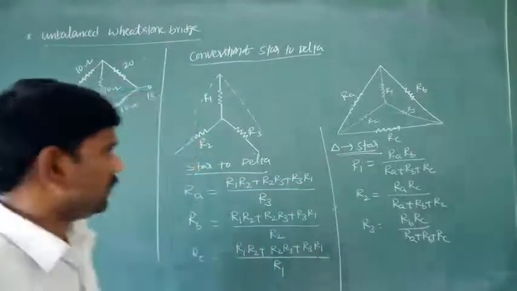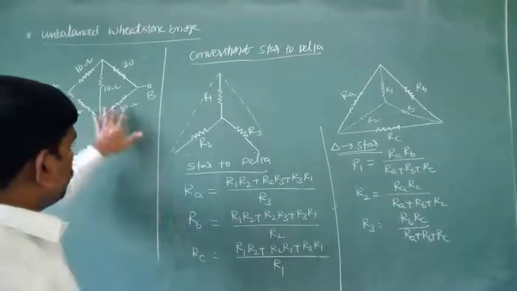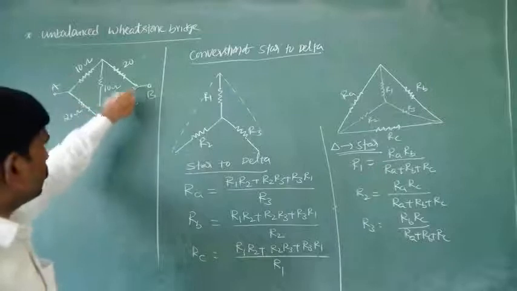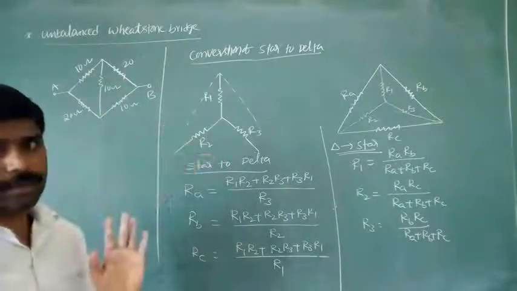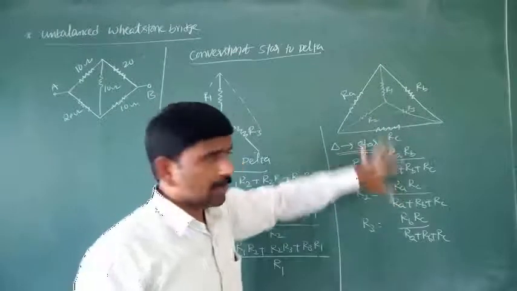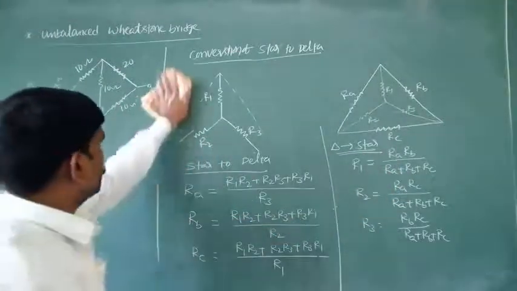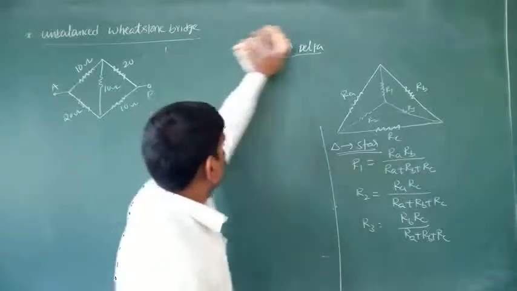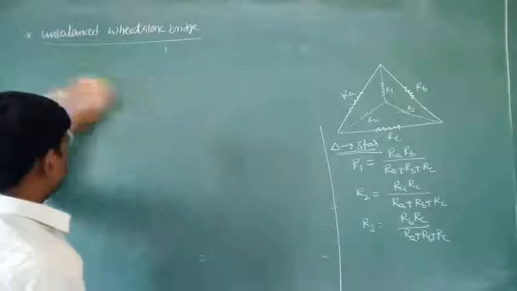Yes, how is that? Observe. Right now for this one, I have converted this delta into this star, so we are using this concept. I am not using the star to delta one right now. I am drawing the big diagram.